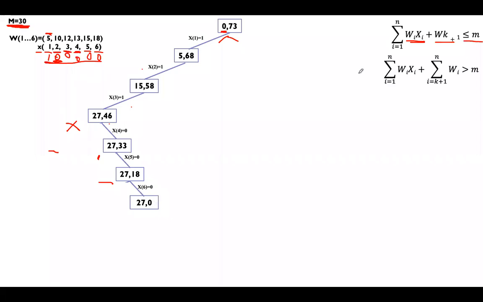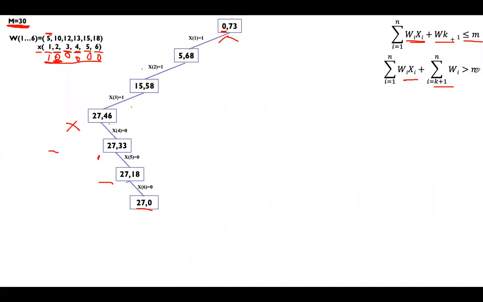For that stopping, you have to check for one more condition. That is, this total weight plus weight of Wi, whatever you are tracing, should be greater than m. You can see here, these two things are not greater than m. 27 is Wi into xi, weight into x1, x2, x3, that is 27, plus next iteration value is 0.